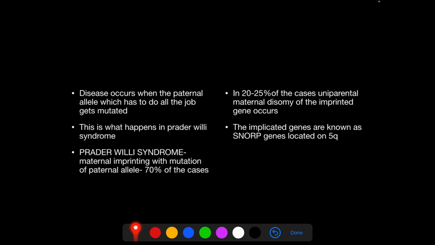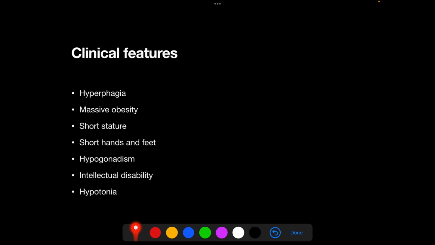And in the remaining 20 to 25% of the cases, it's characterized by uniparental maternal disomy of the imprinted gene. The genes which are implicated in the Prader-Willi syndrome are the SNORB genes, which are located on the long arm of the chromosome 5. Now let's look at the clinical features of the Prader-Willi syndrome.